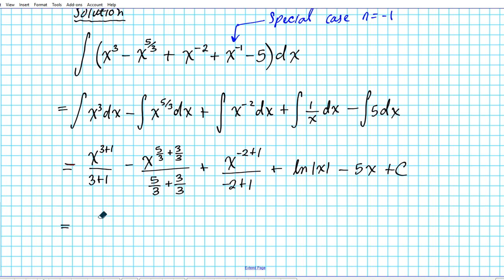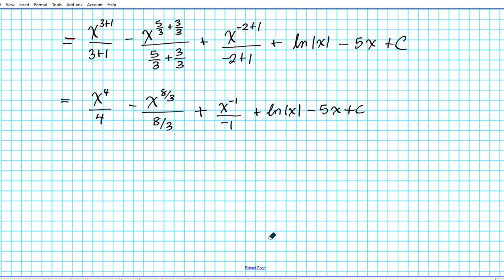We're going to have x to the fourth power over 4 minus x to the 5/3 plus 3/3, which is 8 over 3, divided by 8 over 3, plus x to the negative 1 over negative 1, plus the natural logarithm of the absolute value of x, minus 5x plus c. Okay, now let's simplify it a little bit further.